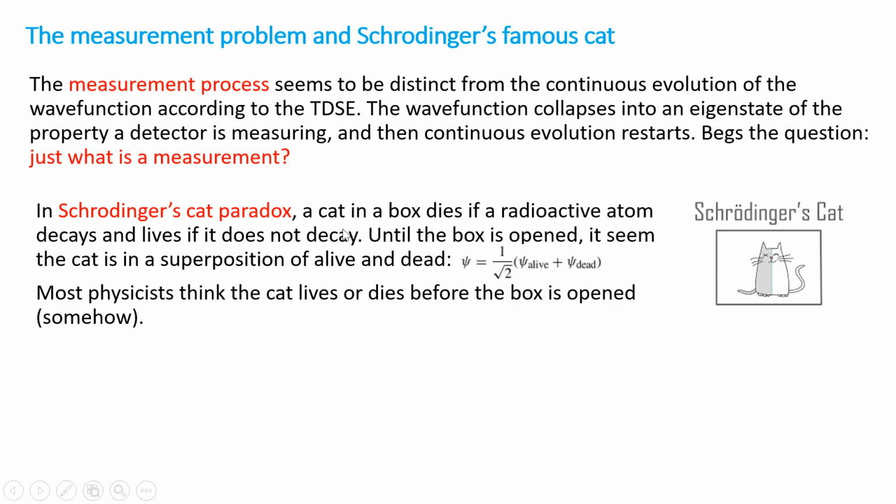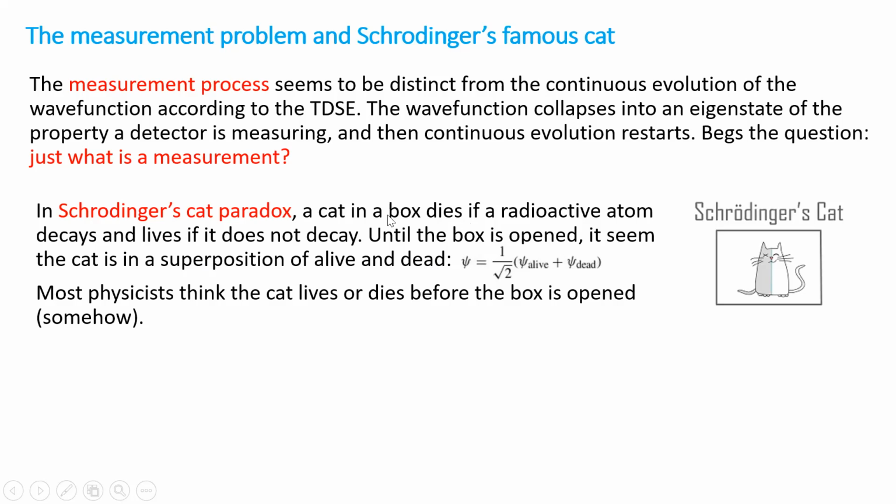So the paradox becomes that, if this is a closed box, not a box we can see into like in this picture, until we actually look in or probe it in some way, or listen if the cat is meowing or not, or in some way get some signal from inside the box, it seems the cat is in a superposition of alive and dead states, because we don't know if the atom has decayed or not.